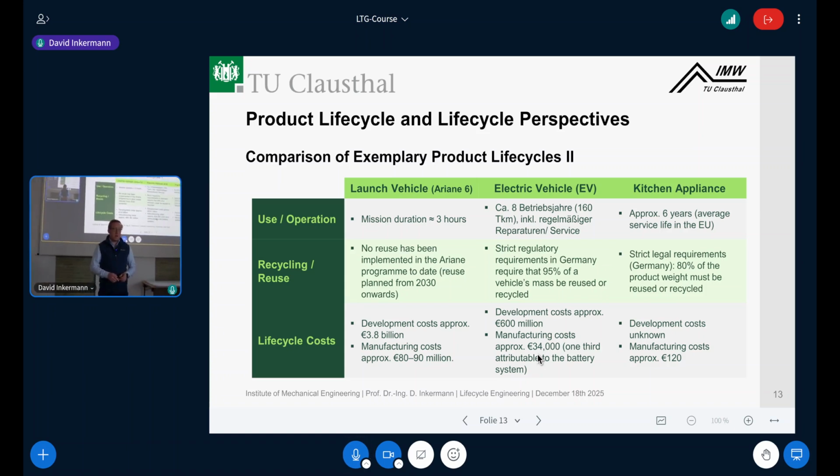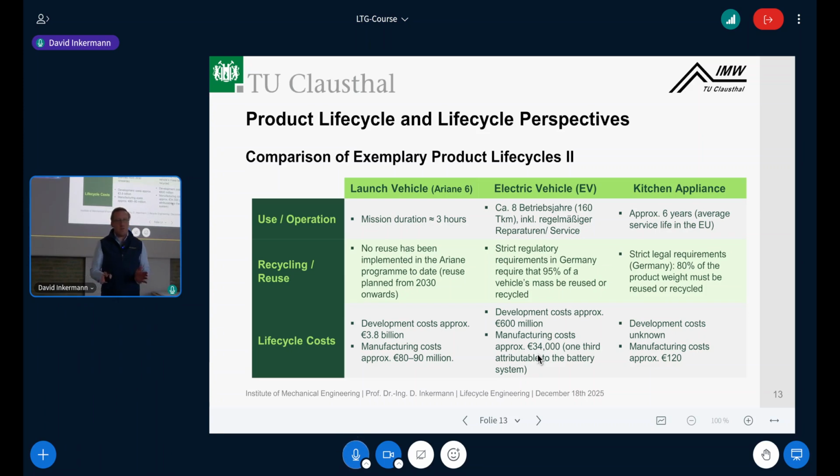That's not what ESA does actually. So there's no reuse. You just use the rocket once, and then there's no possibility to reuse parts of it. And on the other hand, going to electric vehicles or also kitchen appliances, we have very strict requirements on how much volume of the product has to be reused, yes?